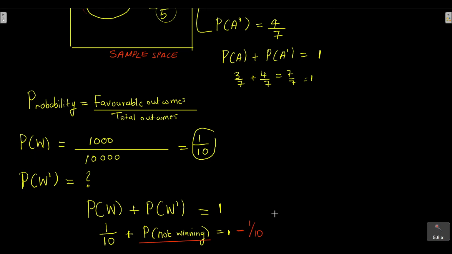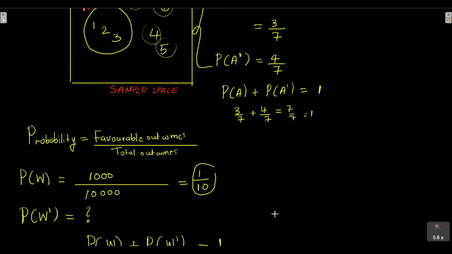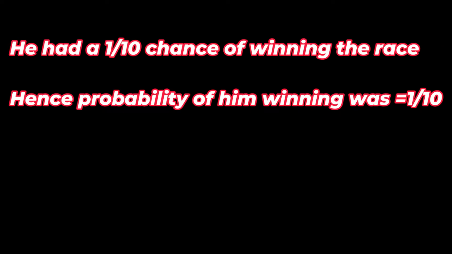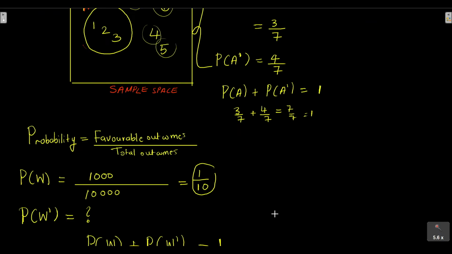And in this case, we were given information about how many entries Mr. Sekutu submitted into this competition, and he submitted 1 out of 10,000 entries. So we can determine the probability of him winning using that information.